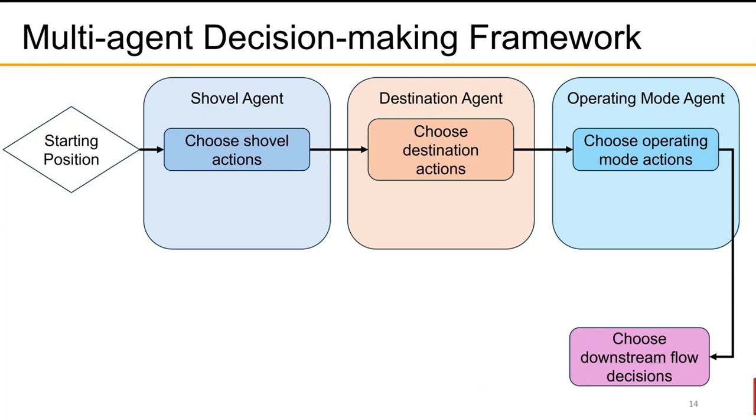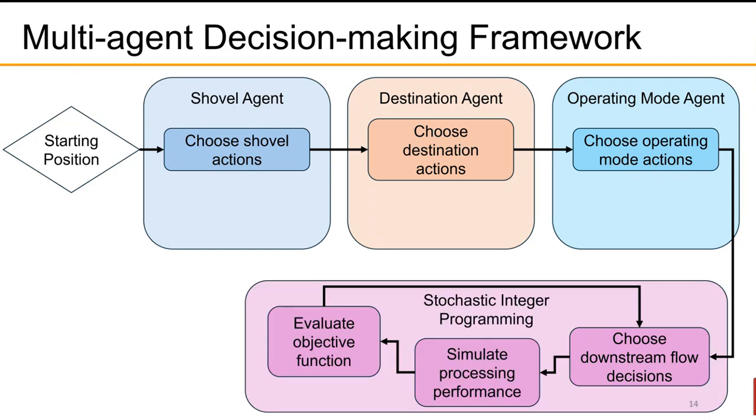And then finally, with most of the schedule built, we can optimize the downstream flow decisions. So things like material going in and out of stockpiles, or if we have multiple connected processing streams, material going through those. But instead of using the reinforcement learning agent for these, we can actually use stochastic mathematical programming with a more traditional optimization method.